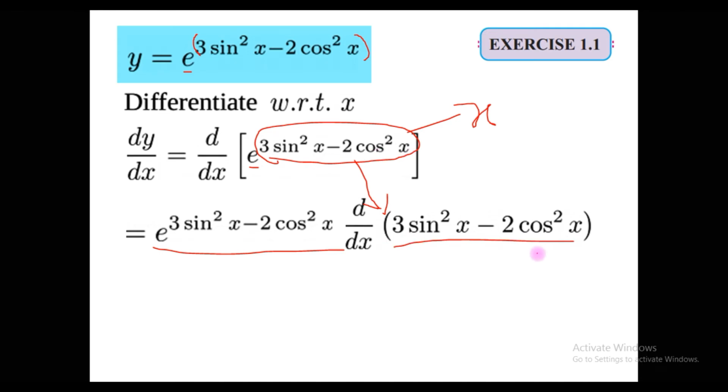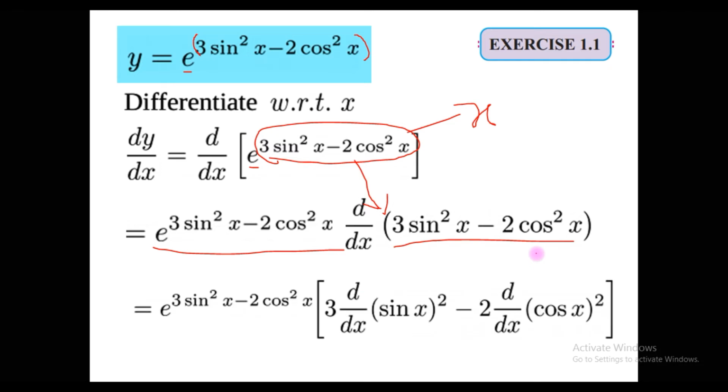Okay, I hope we all are clear. Right after that, this part is as it is. Now the derivative of this part is taken as 3 is as it is, taken sine square x, could be written as sine of x whole bracket square.